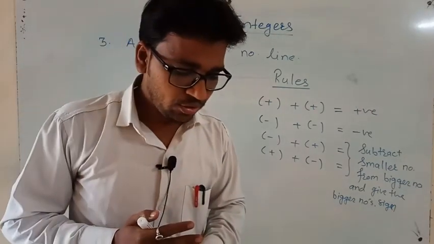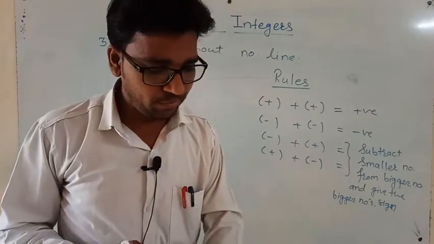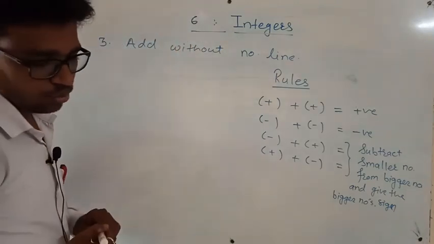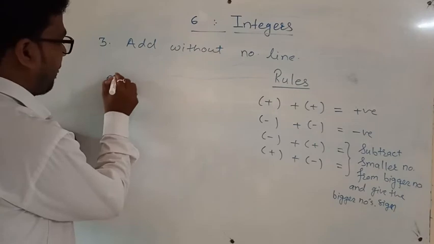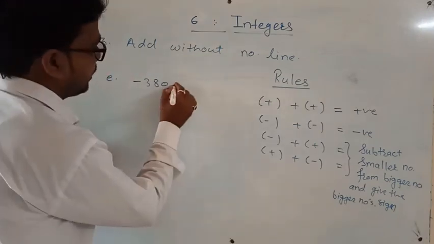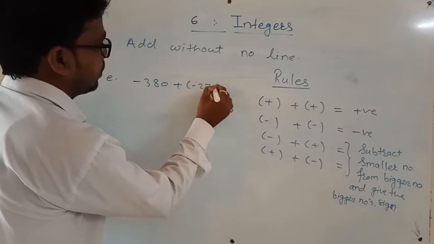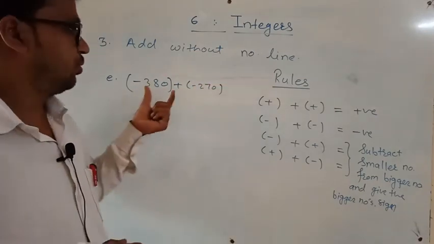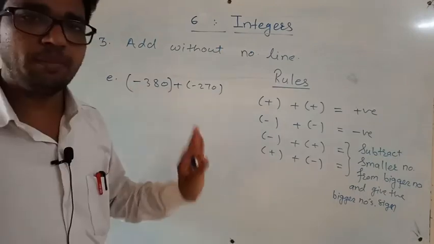So another example we will take here, both negative numbers. Negative 380 plus negative 270. See, if negative numbers are there, always keep them in a bracket.